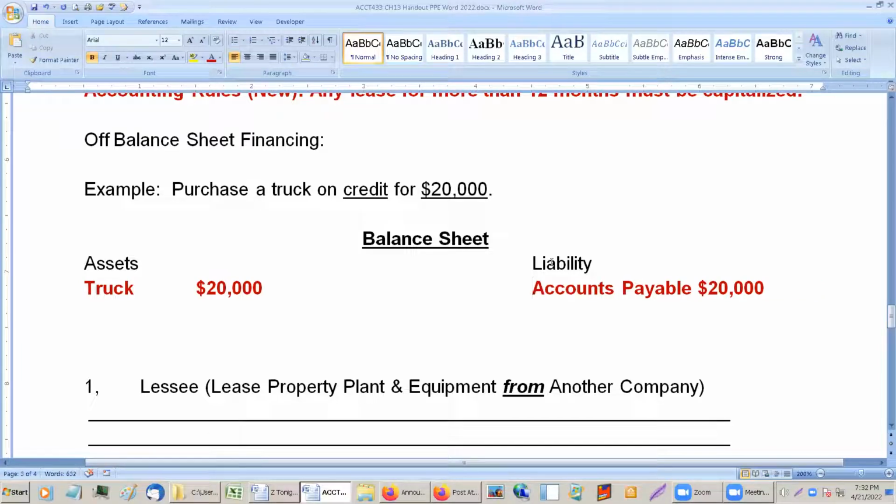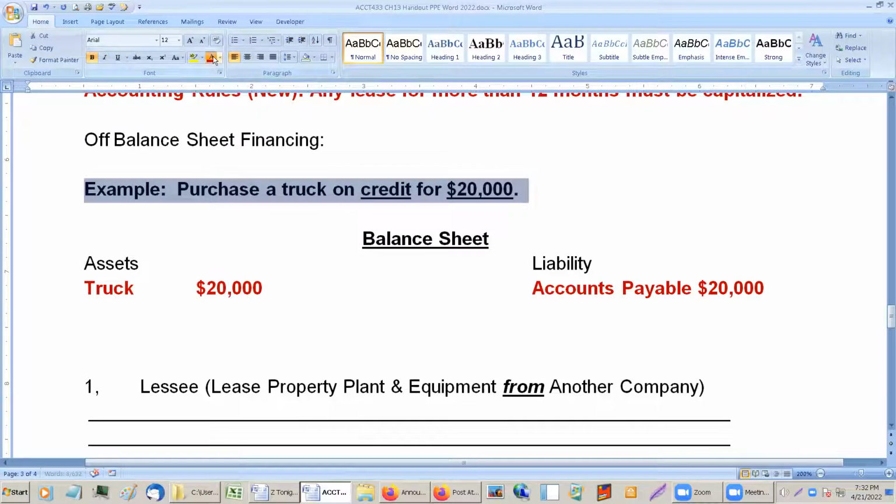Now, here's the thing about this example. From the company's point of view, they certainly don't want the liability on the books. It makes their financial position look worse. But they really don't want the truck on the books either. If you have a bunch of assets and your income might be lower compared to your bunch of assets, you might look very inefficient. So not only don't they want the liability, they don't want the asset on the books either.